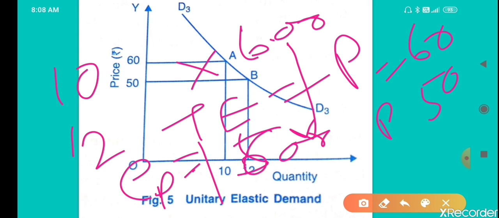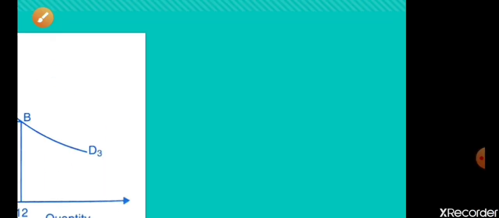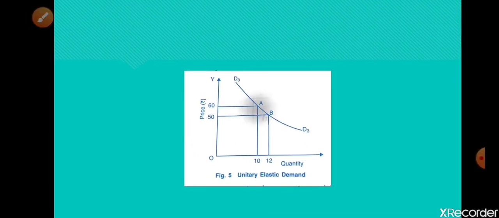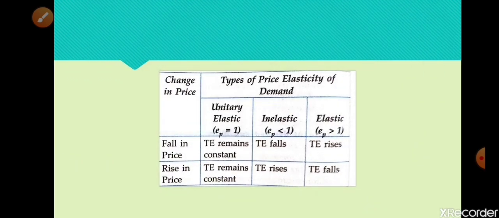So let us conclude this topic. If there is a fall in price and total expenditure remains the same or constant, EP is 1, and if there is a fall in total expenditure due to a fall in price, EP will be less than 1, and if there is a rise in total expenditure due to a fall in price, then EP is more than 1.